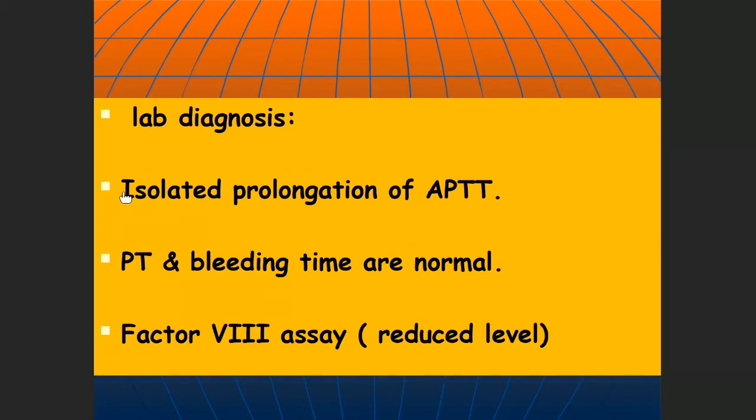When we find prolonged APTT and we are thinking of hemophilia A, we measure factor 8 level. We find reduced factor 8 level. So, in hemophilia A, the diagnosis is made by finding an isolated prolongation of APTT and a reduced level of factor 8.